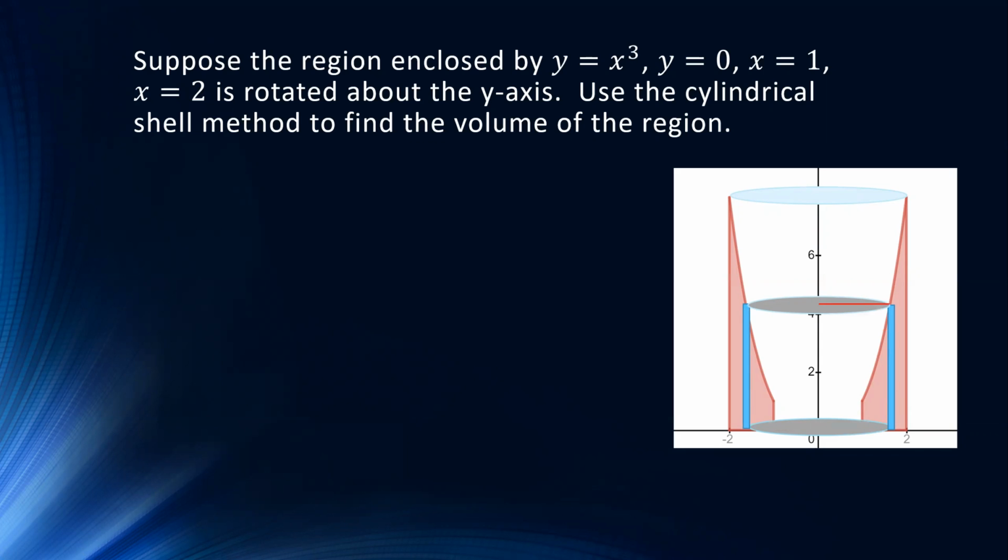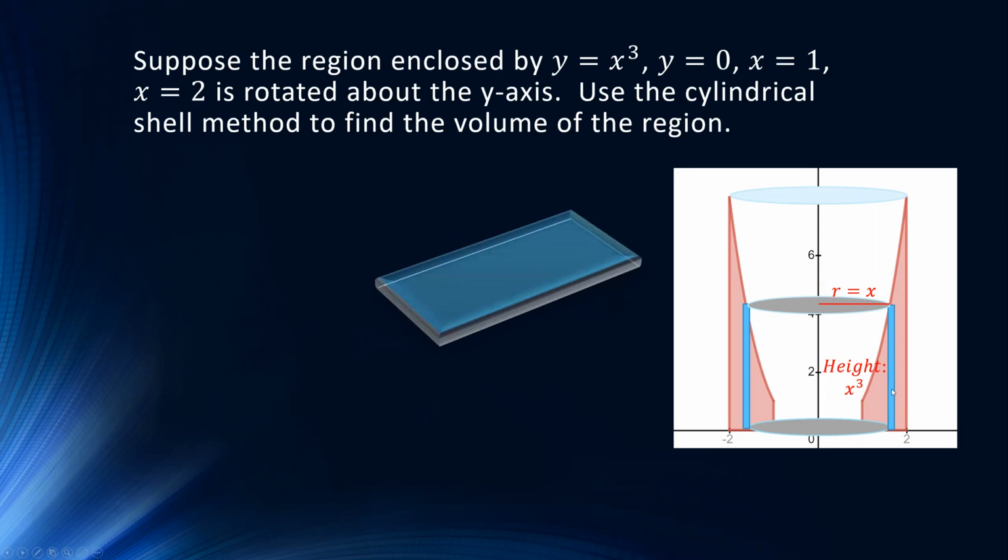The radius right there is the x value. The height of this particular shell is the function value, which is x to the third, okay? And then the thickness would be delta x.